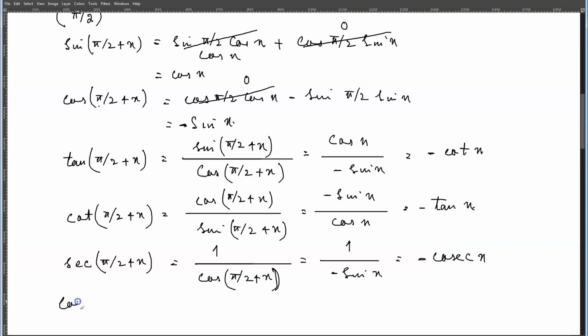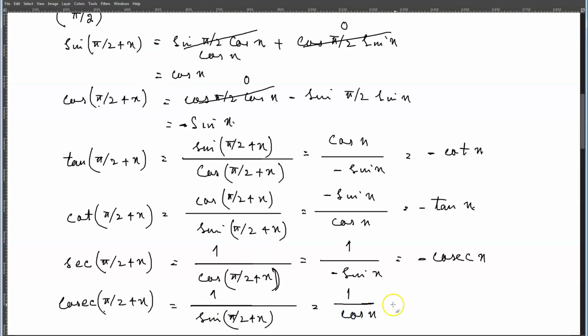And what is the cosecant of pi by 2 plus x? The cosecant of pi by 2 plus x is equal to 1 over sine of pi by 2 plus x. Sine of pi by 2 plus x is equal to cos x, so 1 over cos x, which is equal to secant x.